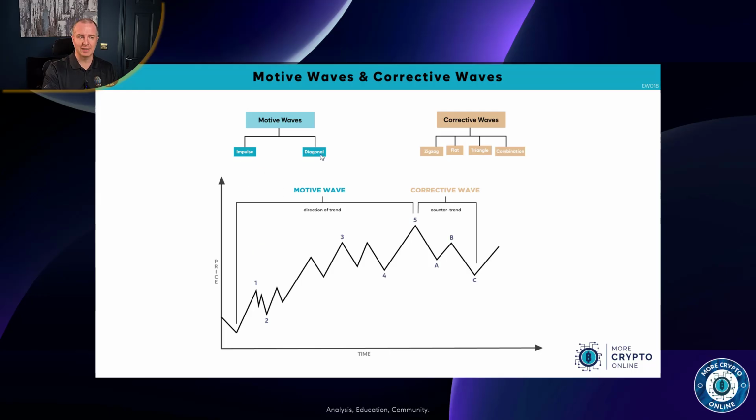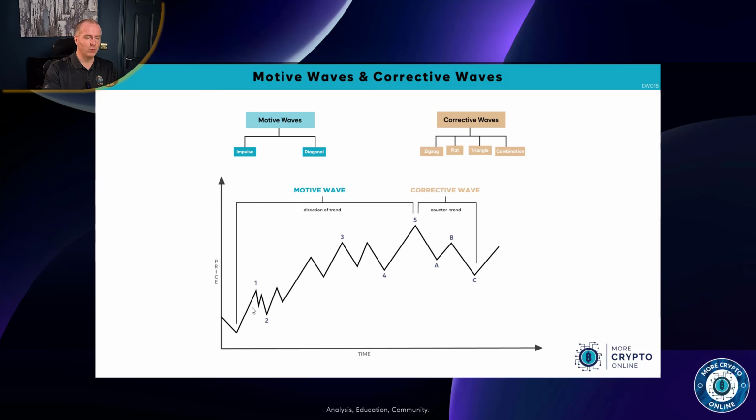It can be a diagonal. I don't want to talk about the difference too much today, but for example, in an impulse, wave 1 and wave 4 must not overlap, because an impulse is a very aggressive trend. In this case, it would be an uptrend. In a diagonal, they can overlap, and we will talk about that more in the chapter about diagonals. But this is a 5-wave move. It's a motive wave.